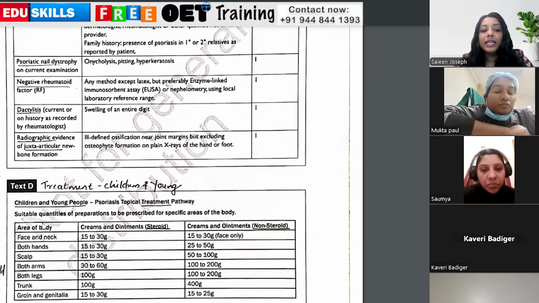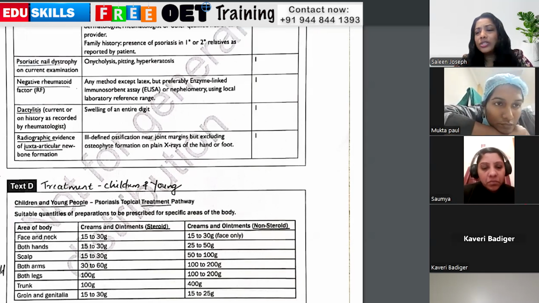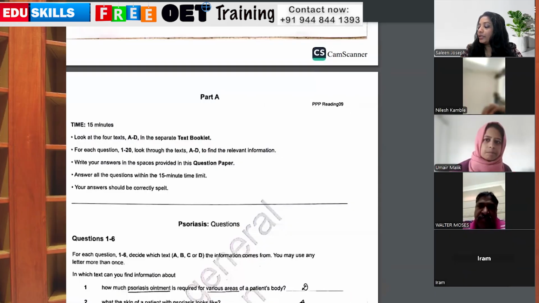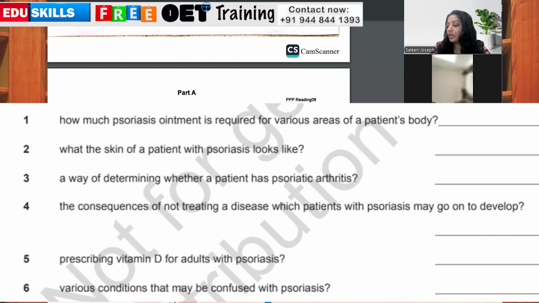The areas of the body they have mentioned are face and neck, both hands, scalp, both arms, legs, trunk, groin, etc. No need to read it completely, just get an idea. Fine. So now we are going to the questions. Now you have an idea in which paragraph they discuss what, right? Okay, so we'll read the first question.